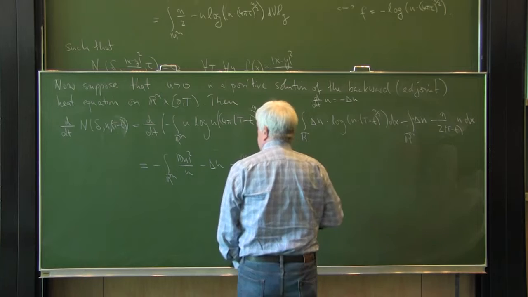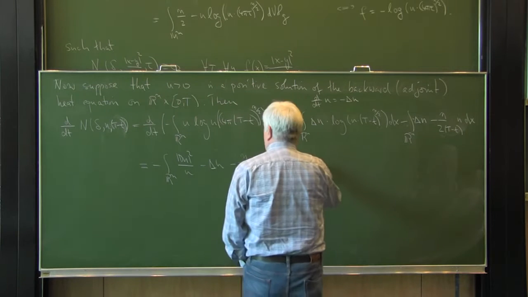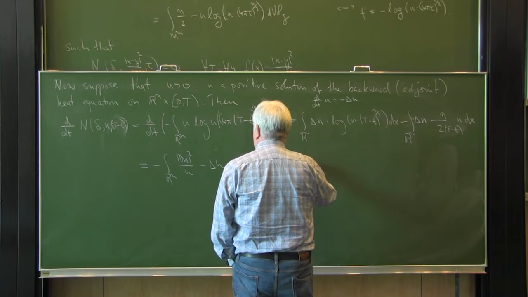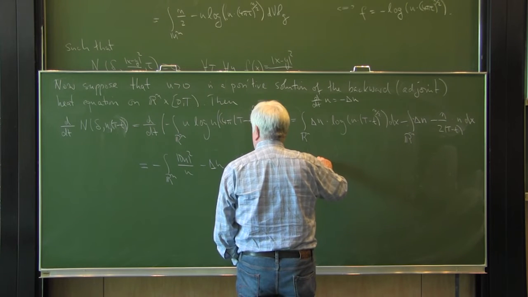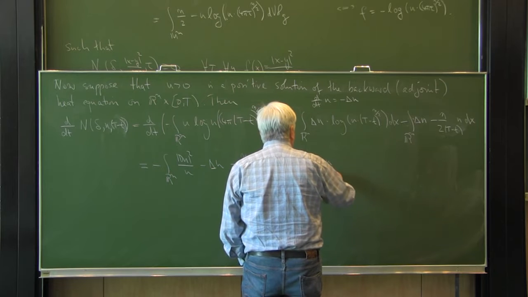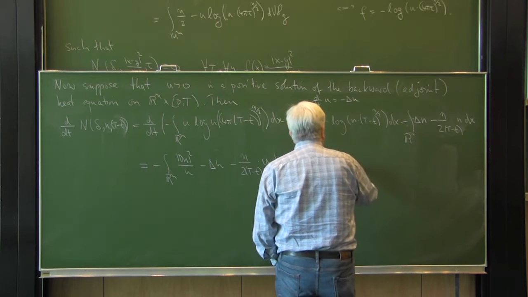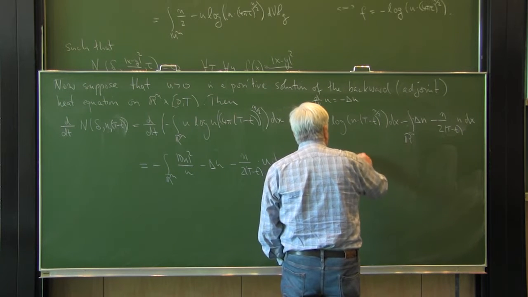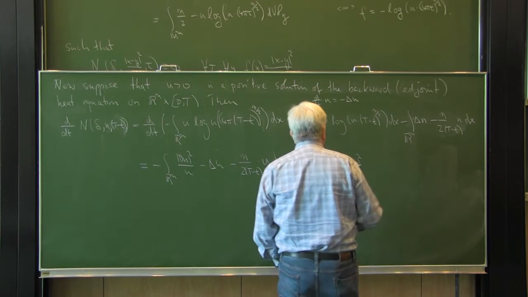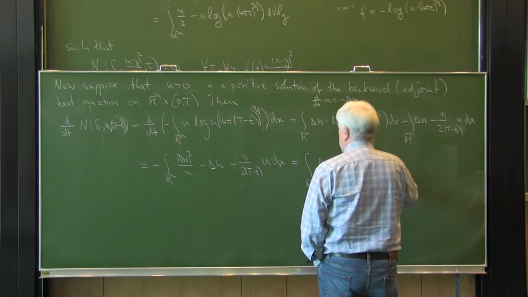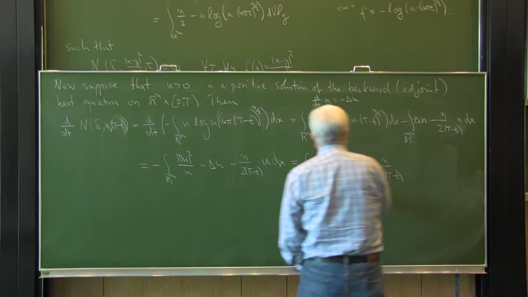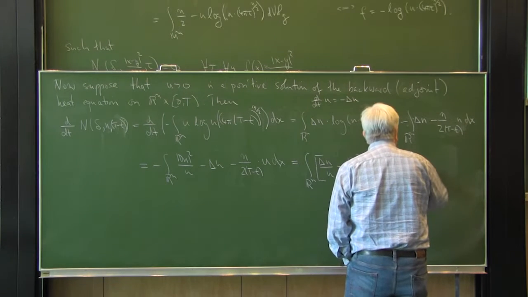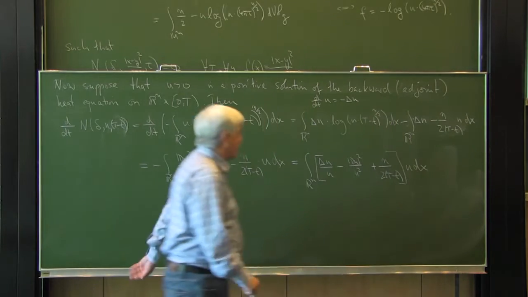One way is the integral over Rn of the Laplacian of u over u, minus the gradient of u squared over u squared, plus n over 2(T minus t), times u dx.